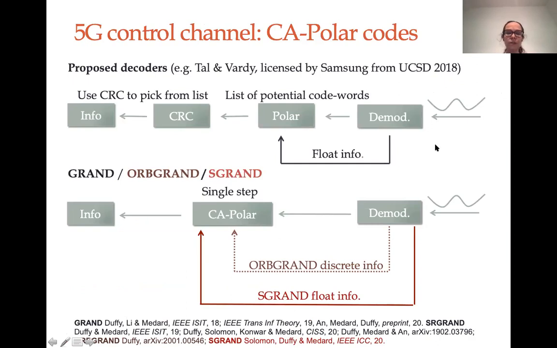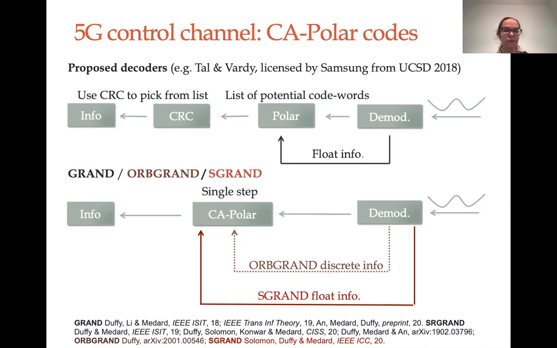So I mentioned earlier CRC-aided successive cancellation list decoding. What's happening there is that you have the soft information, a continuous wave that comes in to be demodulated, and this floating point information is going to identify the list of potential code words.